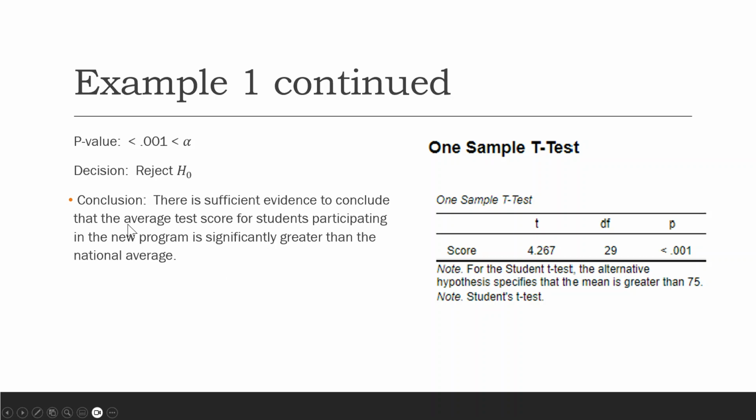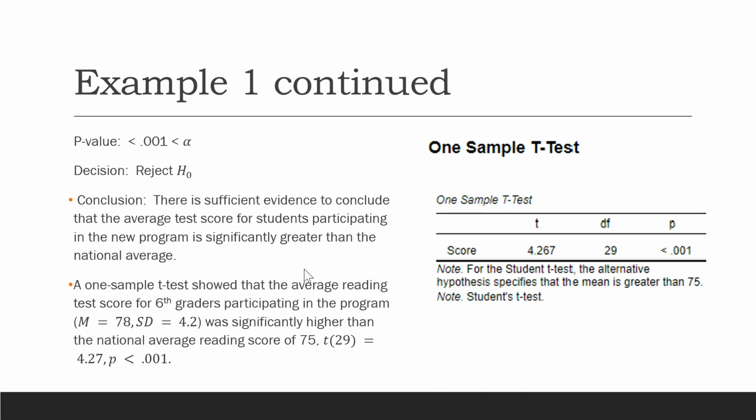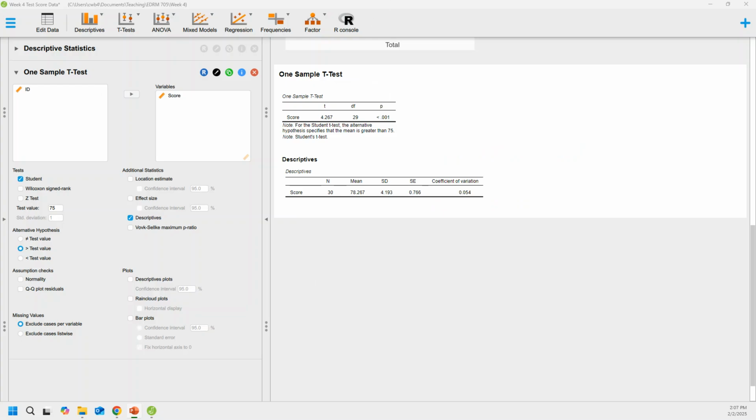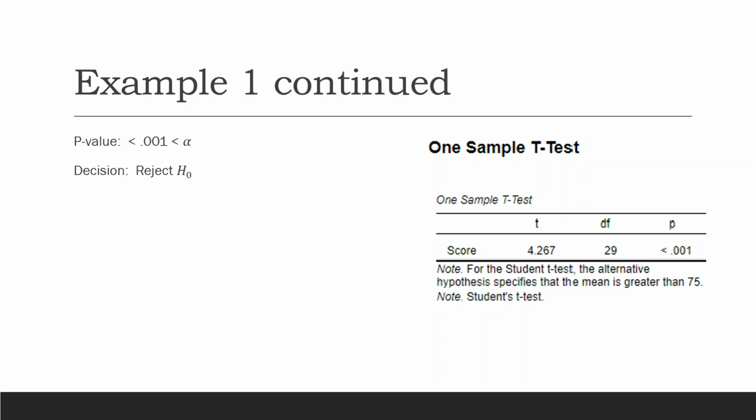Notice here, I'm saying what my population parameter is, which is the average test score for students participating in a new program. We know that it's significantly greater than that national average. I want to be a little more careful here. I'm going to add a term, because I don't want you to think that I'm drawing conclusions about the 30 students that are in the sample.